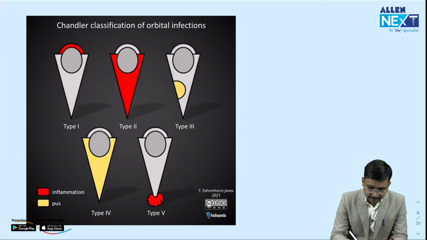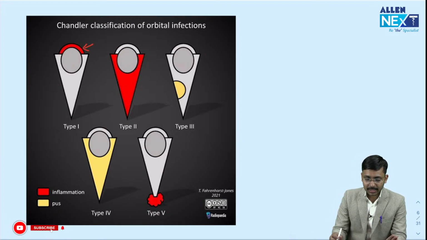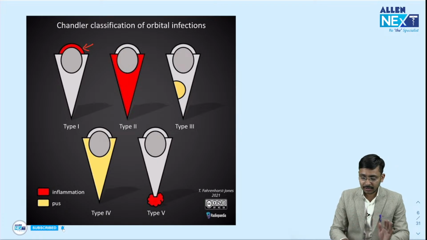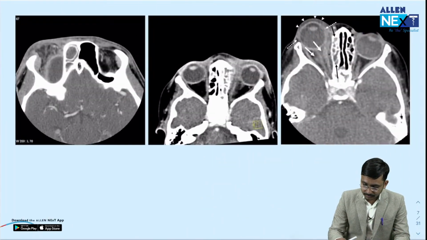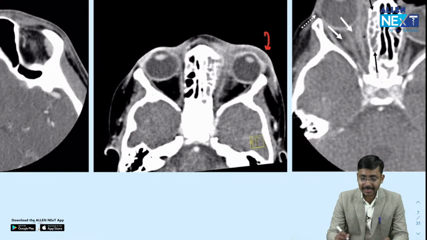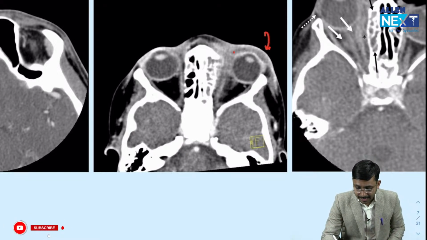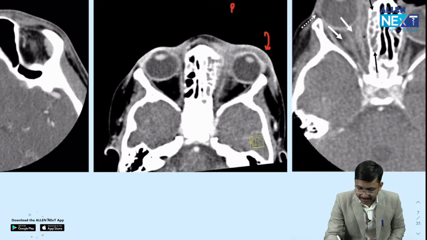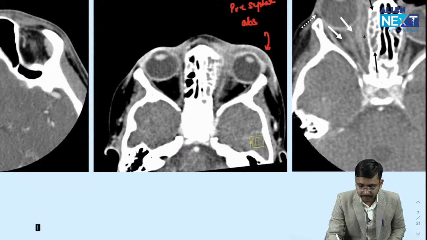If they affect the pre-septal space only, then that is pre-septal cellulitis, like this. This is also a pre-septal inflammation, and you can see some abscess formed here. You can see peripheral enhancement. So this in this case is a pre-septal abscess.